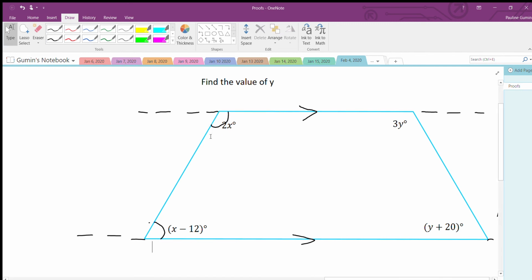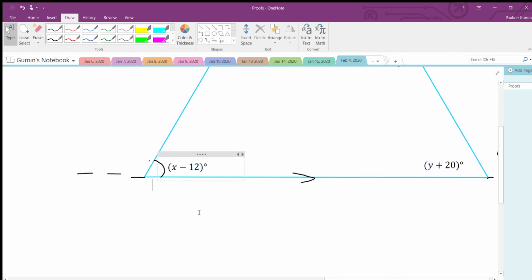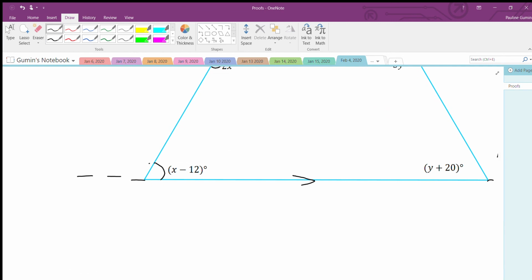They are on the same side of this transversal, the slanty line, and they're interior. Something we know about same-side interior angles is that they are supplementary, which means they add up to 180.